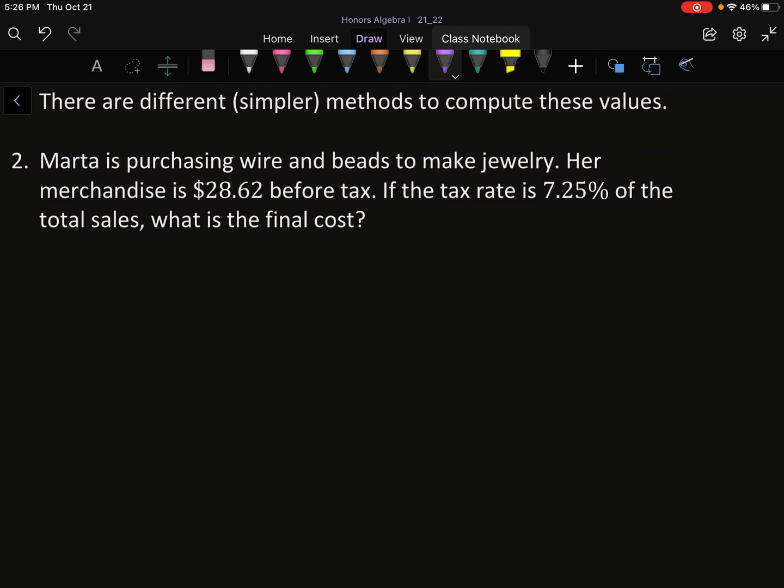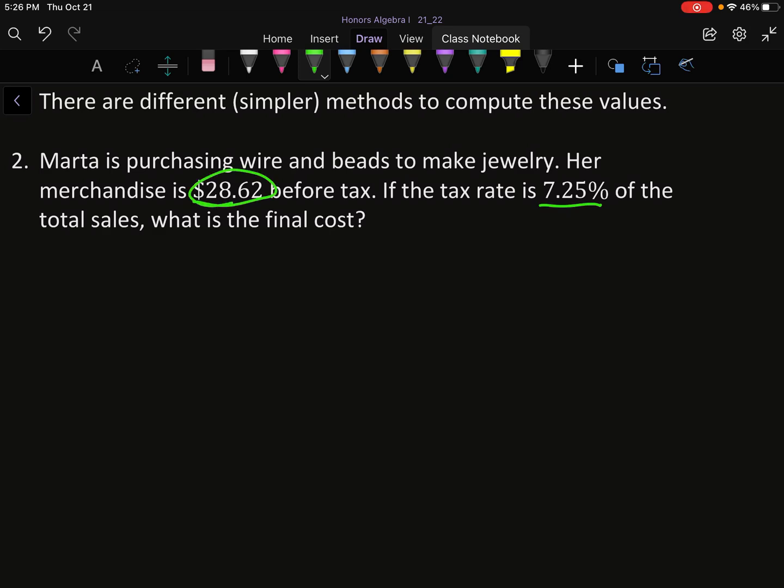So Marta is purchasing wire and beads to make jewelry. Her merchandise is $28.62 before tax. If the tax rate is 7.25% of the total sales, what is the final cost? So some of you might say, okay, what is 7.25% of this?